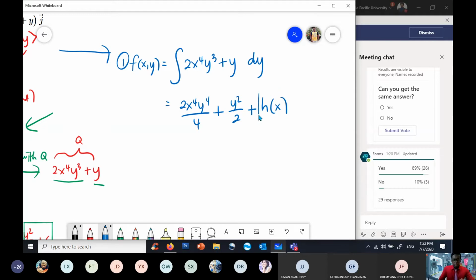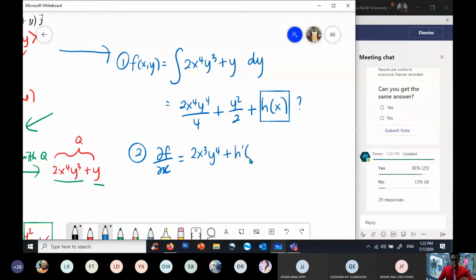So now, I'm concerned with what my h(x) is. For my second step, I'm going to differentiate everything with respect to the opposite variable, which is x. I would get 2x cubed y^4, plus, differentiate this, it disappears, differentiate h(x), you will get h prime x. So this is when I find the partial of f with respect to x.